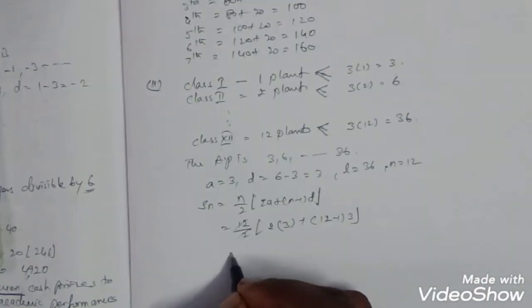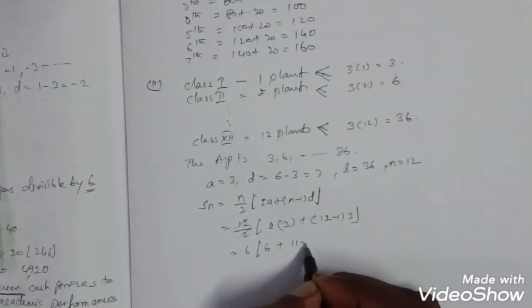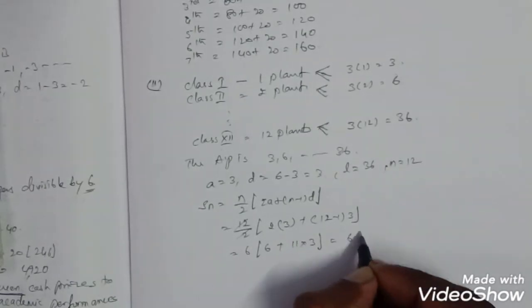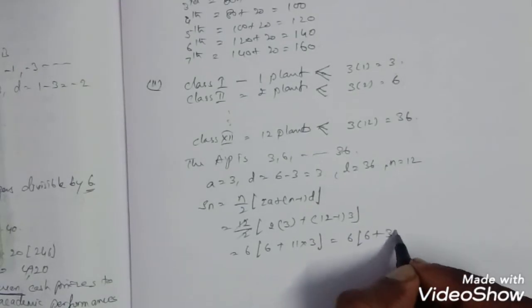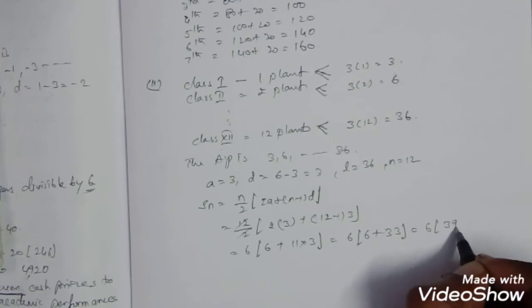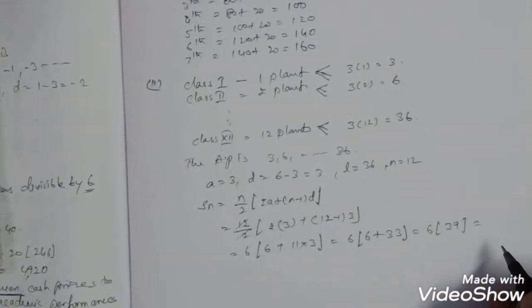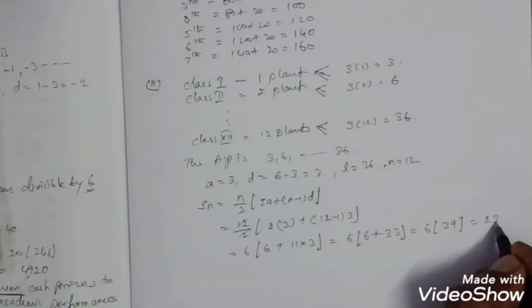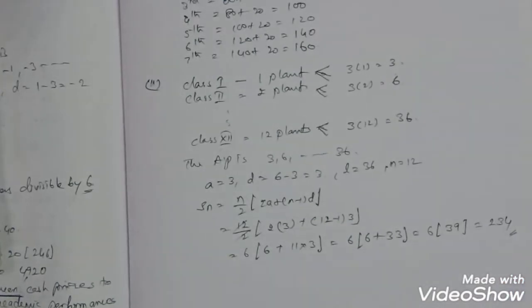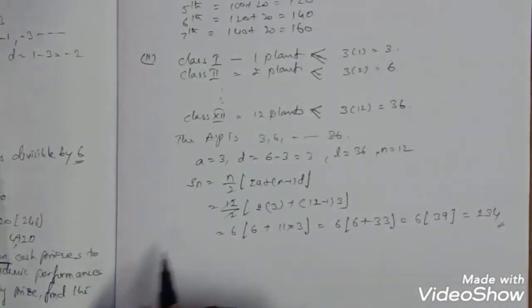Now cancel this, you will get 6 into 2 threes are 6, plus 12 minus 1 is 11 into 3. So here you will get 6 into 6 plus 33, which is 6 into 39. Now multiply this, 39 into 6, you will get 234. So there are a total of 234 plants they have planted in the school, right?